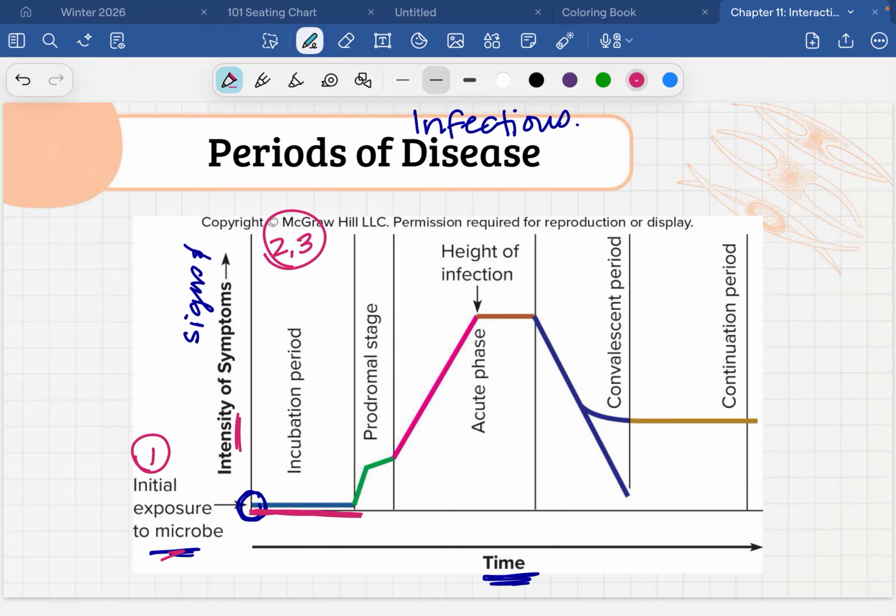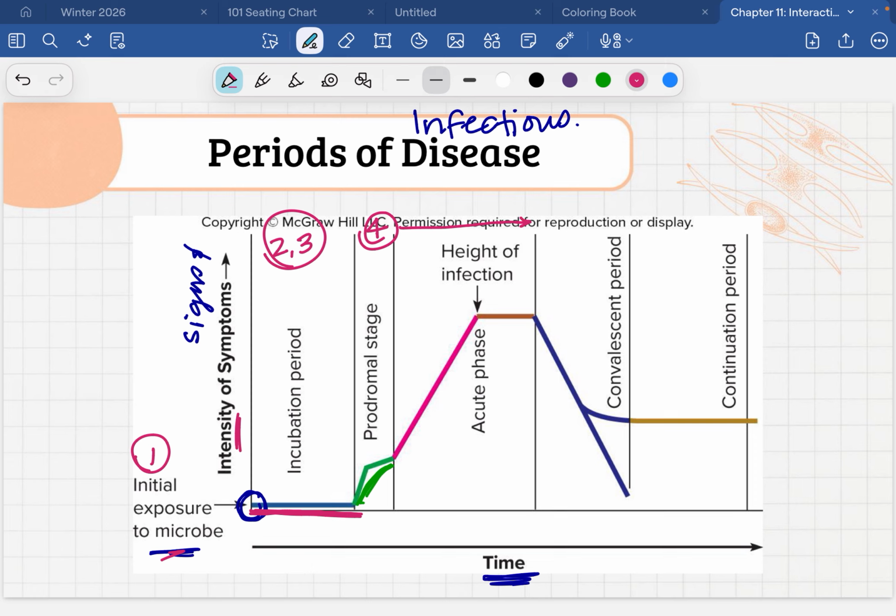Okay, so our next stage is this prodromal stage. And during this prodromal stage down here, step 2, prodromal phase, this is right at the beginning of an infection. So this is going to be kind of step 4. This is all step 4 of bacterial pathogenesis, the causing disease.